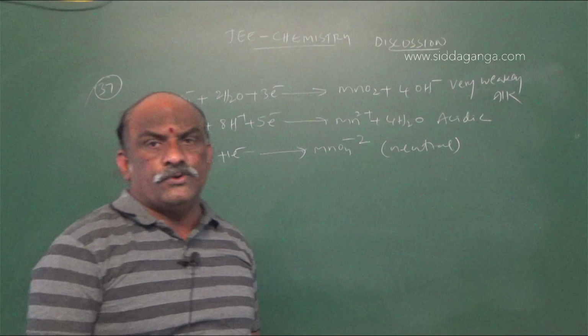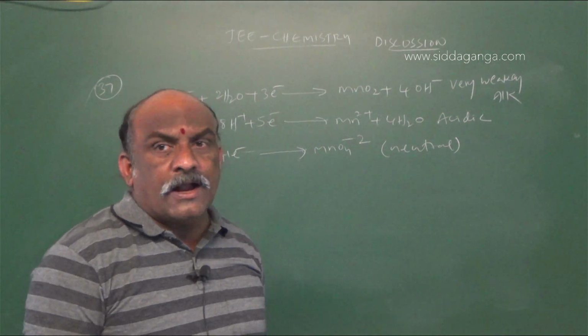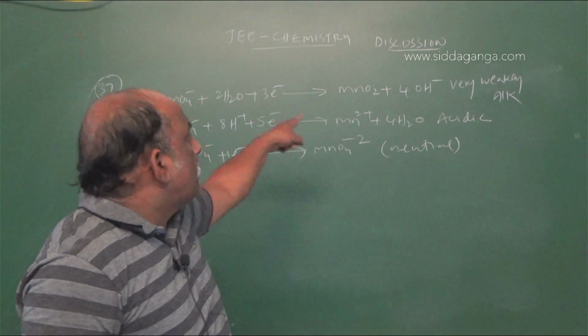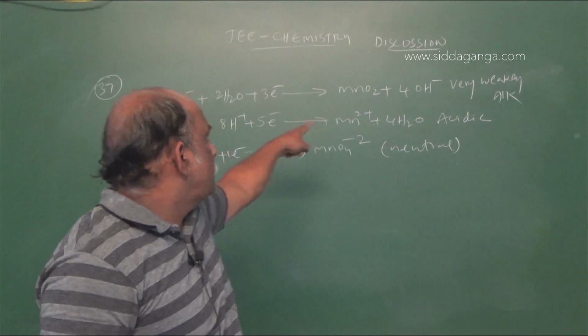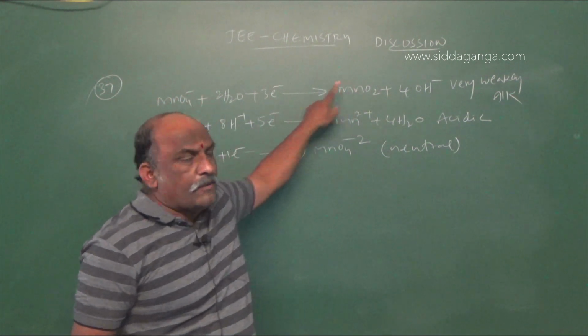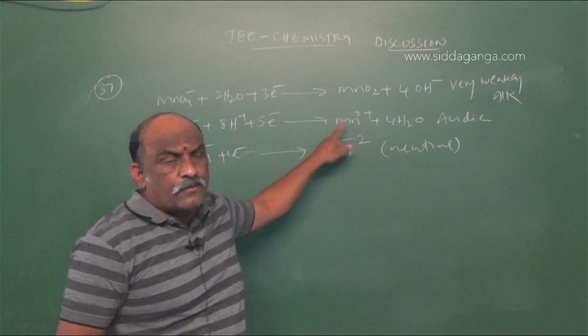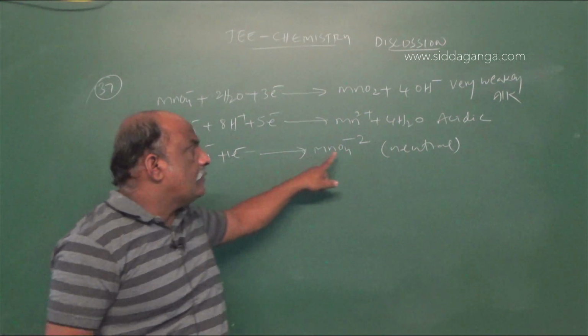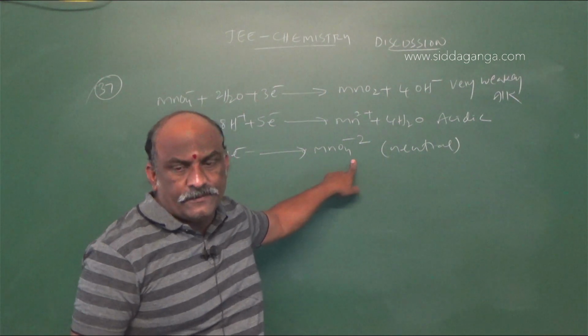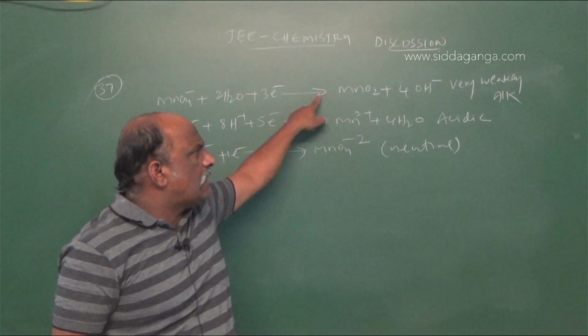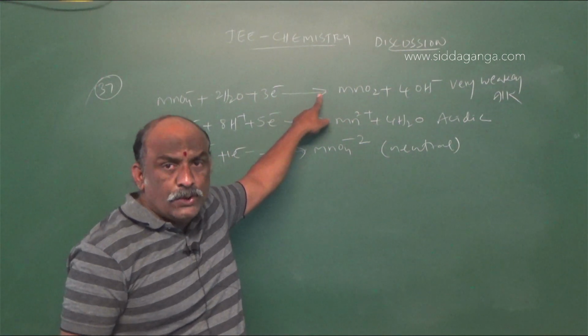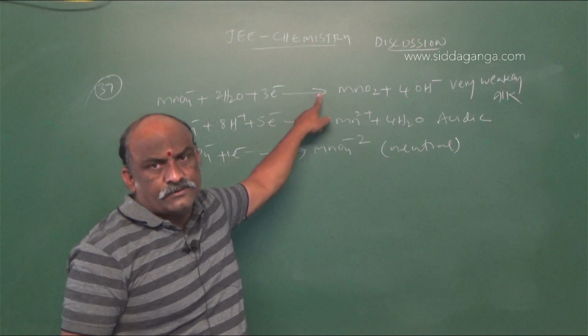Three mediums we should go through, very important it is. Permanganate in weak alkaline medium gives rise to MnO2. Permanganate in acidic medium gives rise to Mn2 plus. Permanganate in neutral medium gives rise to manganate. First reaction, weakly alkaline medium, very weakly, dilute it is.